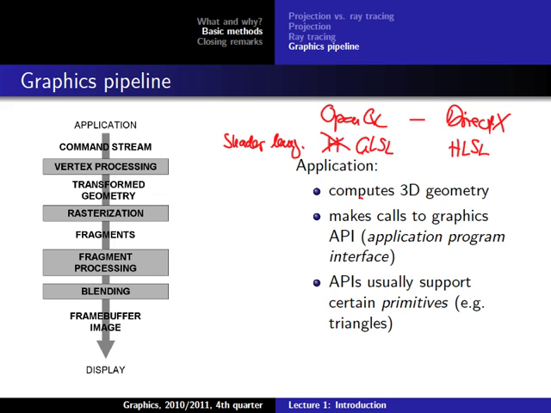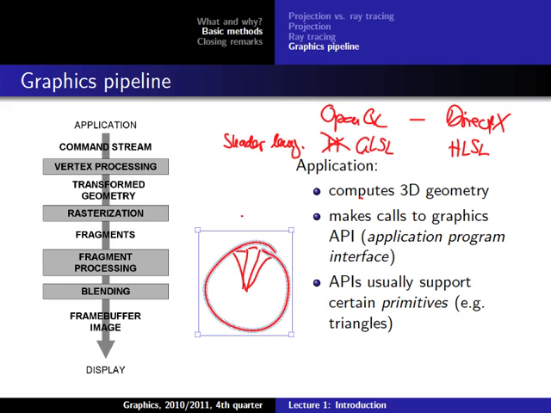And one of the most common primitives in graphics is a triangle, because with a triangle we can basically describe almost everything. You can even describe a circle with a triangle if you make the triangles small enough. So this should look like a circle. Now if you make large triangles, you will end up getting a circle, or not a circle, but it will be obvious that this is not a circle.